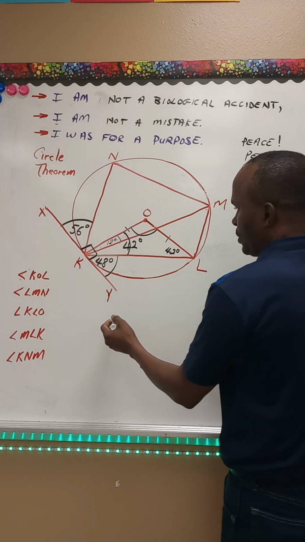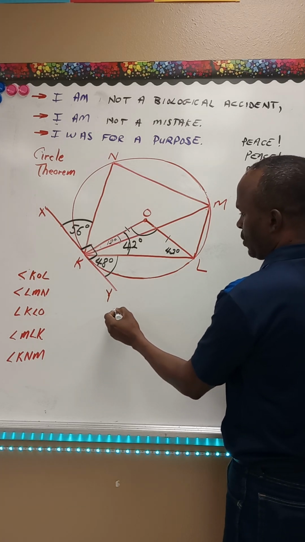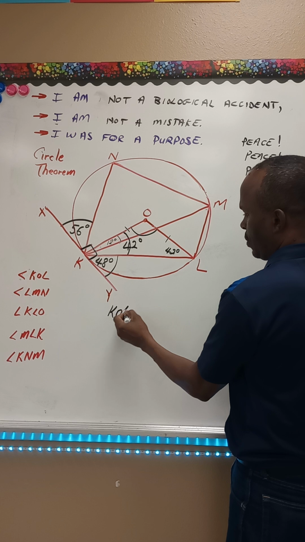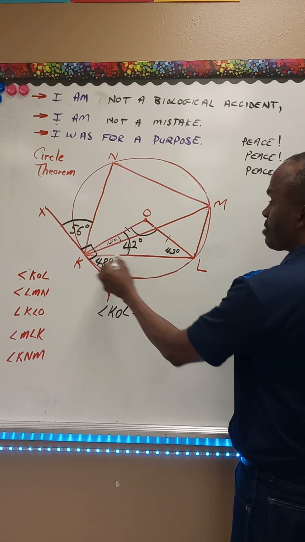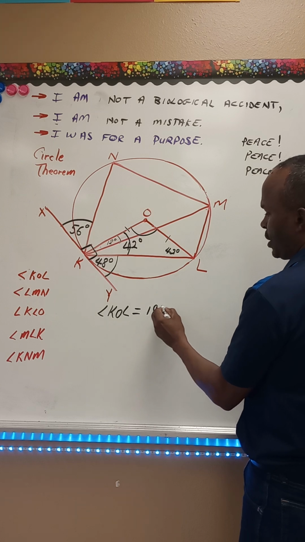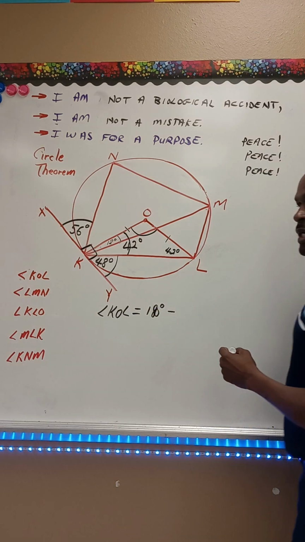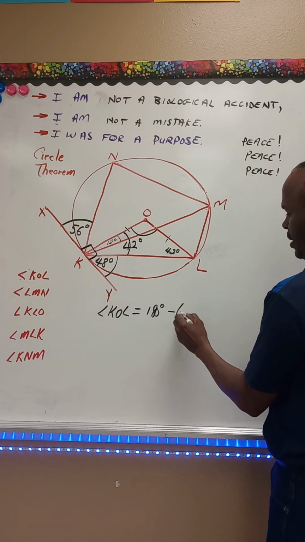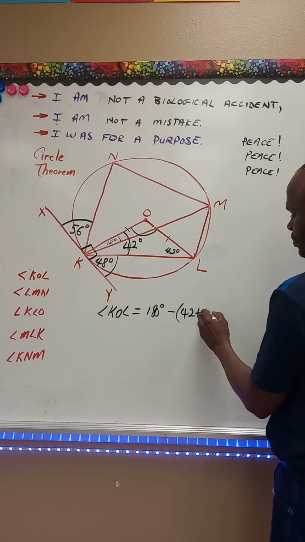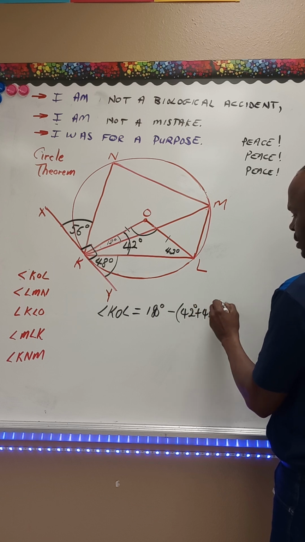In other words, we would have to say that angle KOL is equal to how many degrees are in a triangle? 180 degrees. And how many angles do we have in them already? We have minus 42 plus 42 degrees.